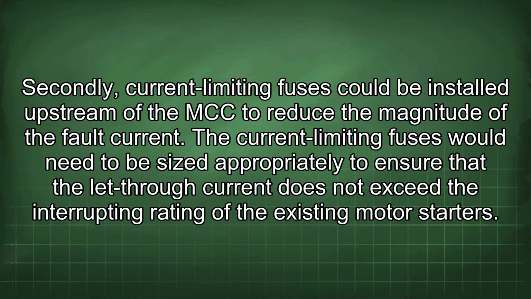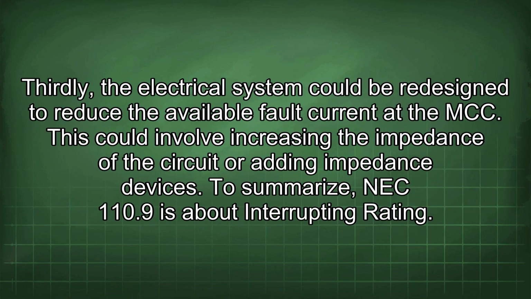The current limiting fuses would need to be sized appropriately to ensure that the let-through current does not exceed the interrupting rating of the existing motor starters. Thirdly, the electrical system could be redesigned to reduce the available fault current at the MCC. This could involve increasing the impedance of the circuit or adding impedance devices.